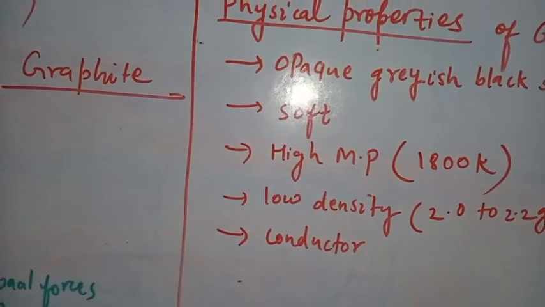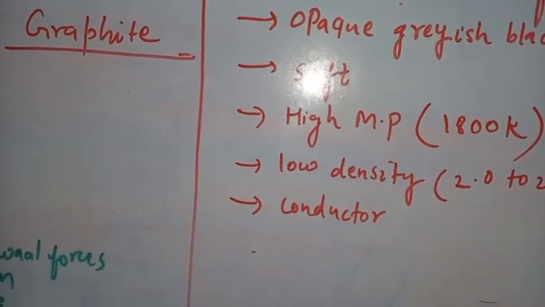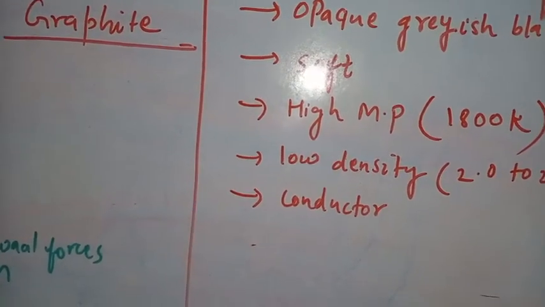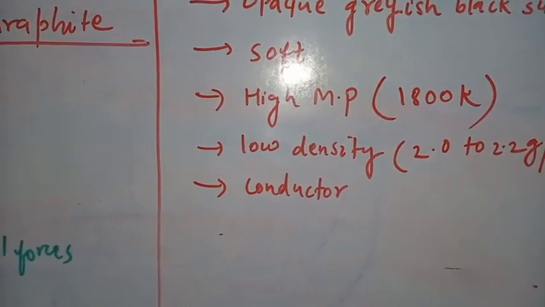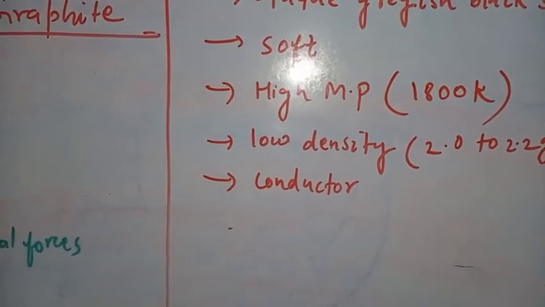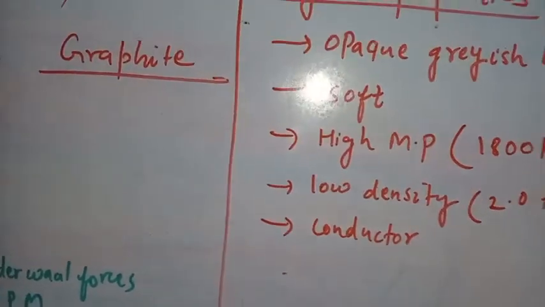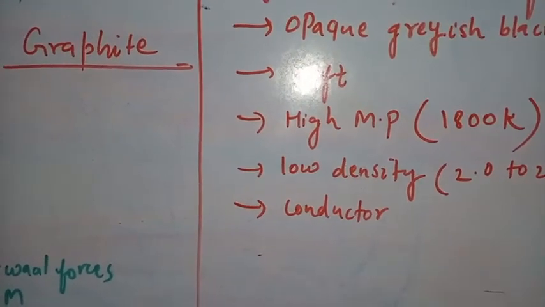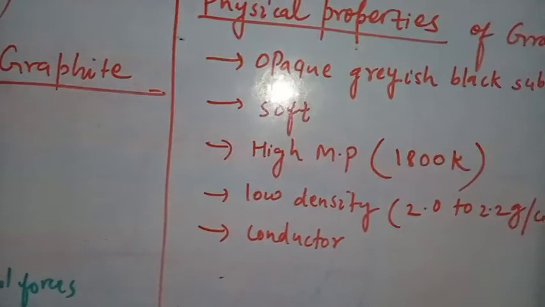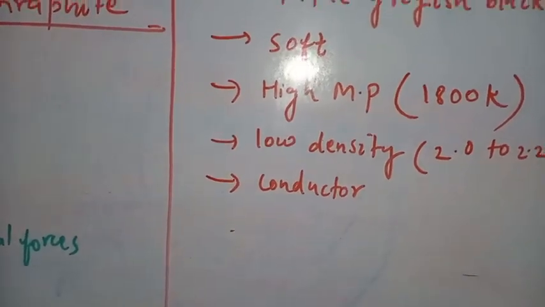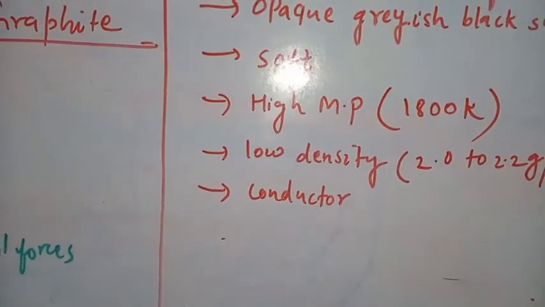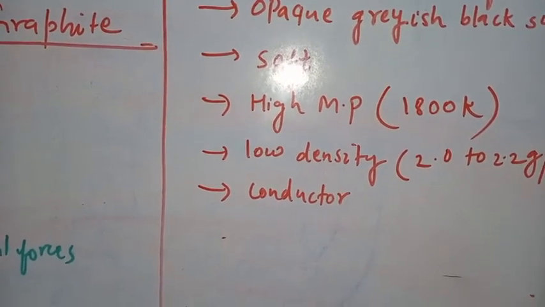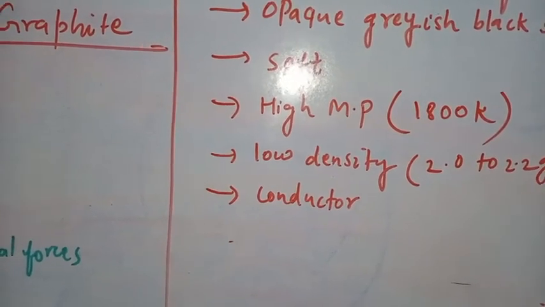Because it is a soft material, its powder can be used as a lubricant. Lubricant means which is used for lubricating machine parts, usually made of iron, metal. So the metal parts of a machine can be lubricated by using graphite as the lubricant.